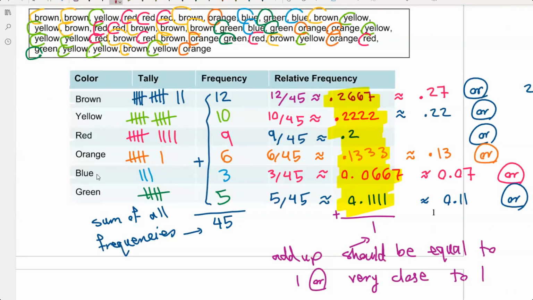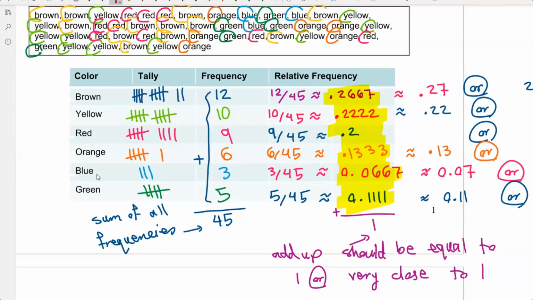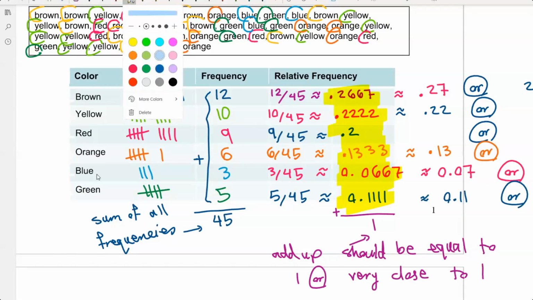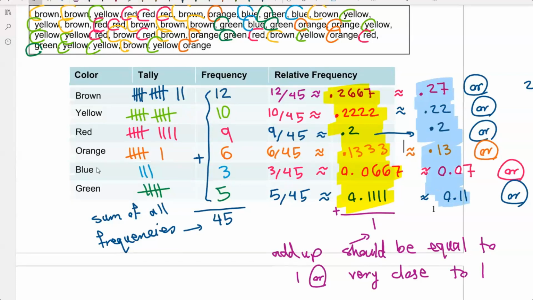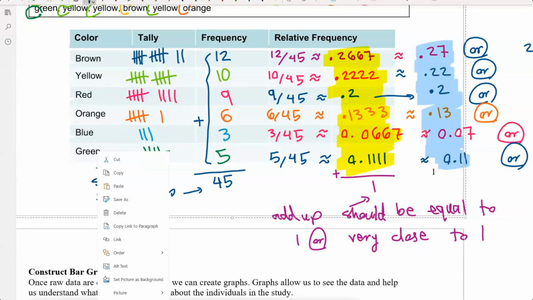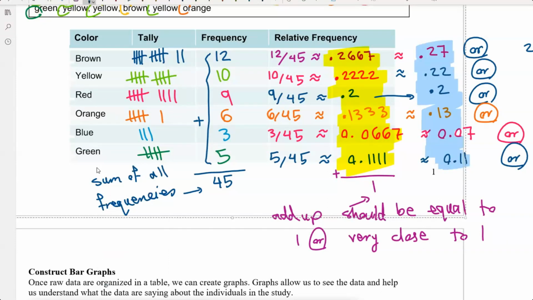Okay, now we're gonna work based on this column, relative frequency, and since these are hard to find when trying to graph, I'm going to use these numbers. The first one is 0.27, then we have 0.22, so we have all these.